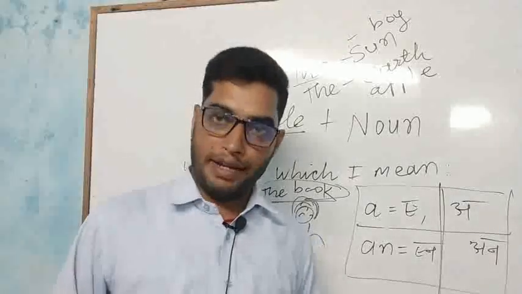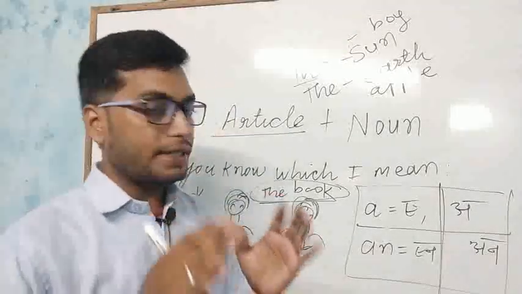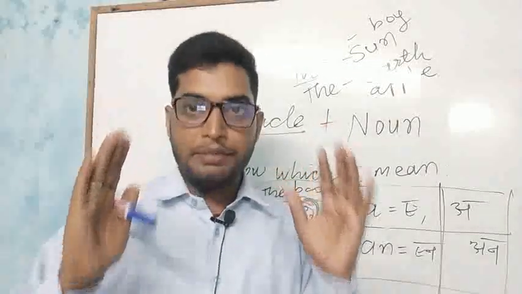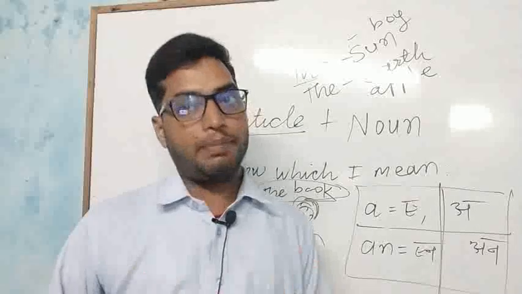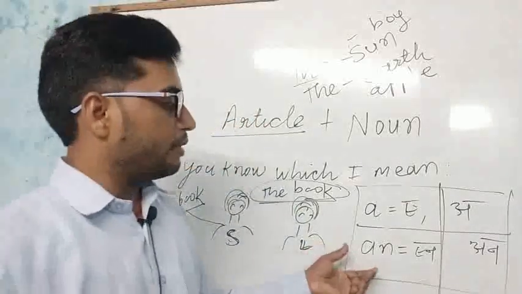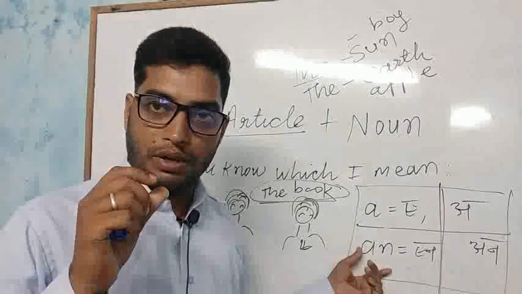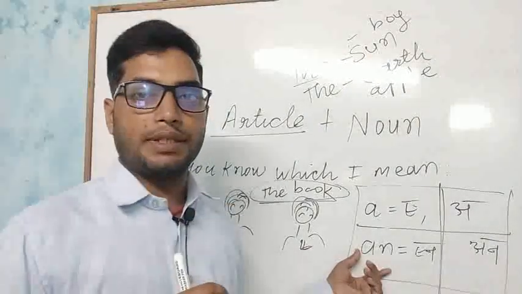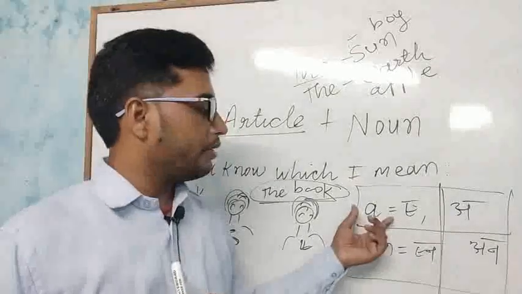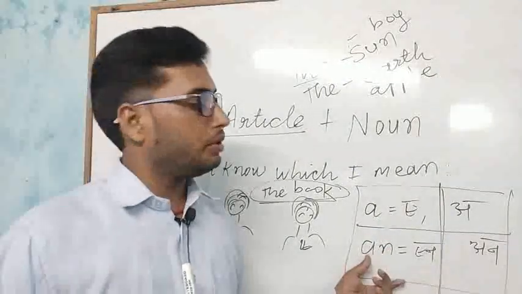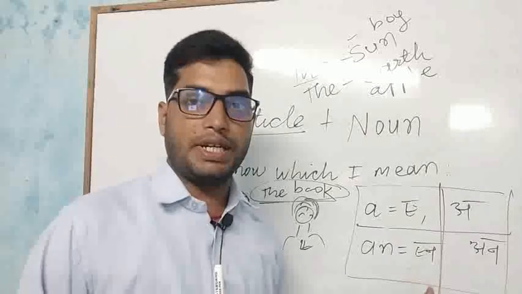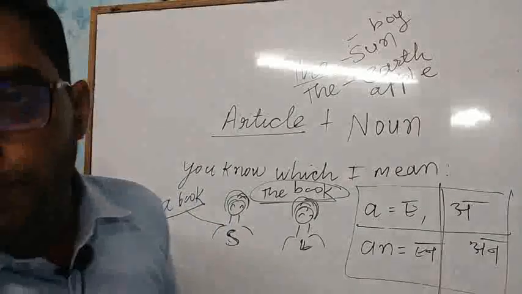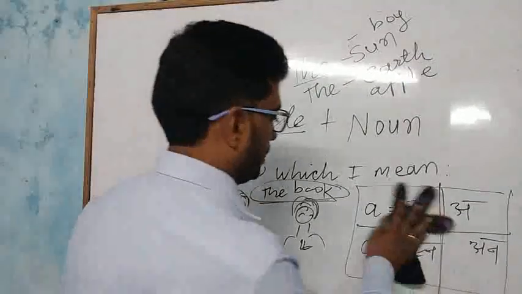Have you seen an apple? It means I am making stress here. I want to emphasize the words an apple. That's why when we have to make a stress or emphasis, we use the strong form. But in our daily life speech, we use the weak form of a or an. I think there is no problem in this pronunciation.